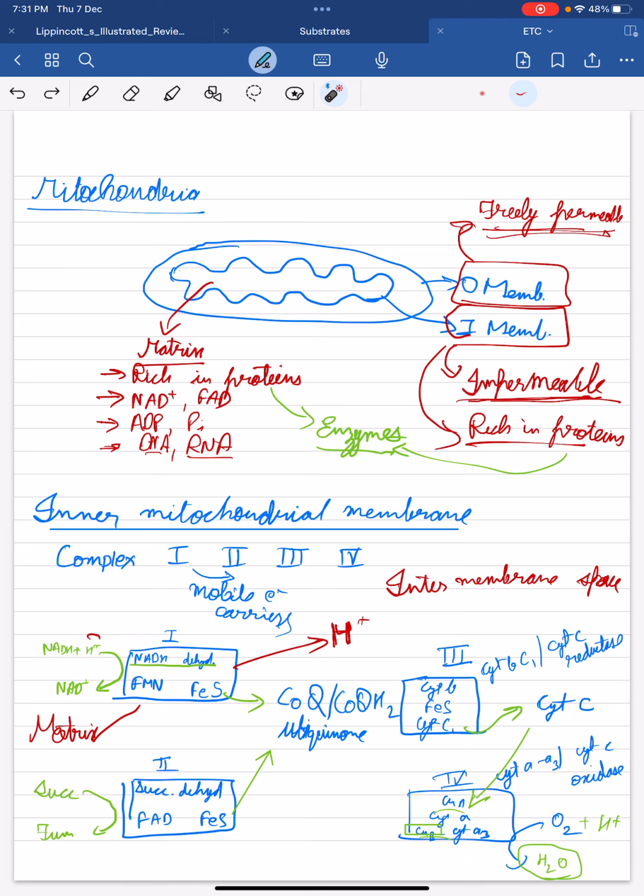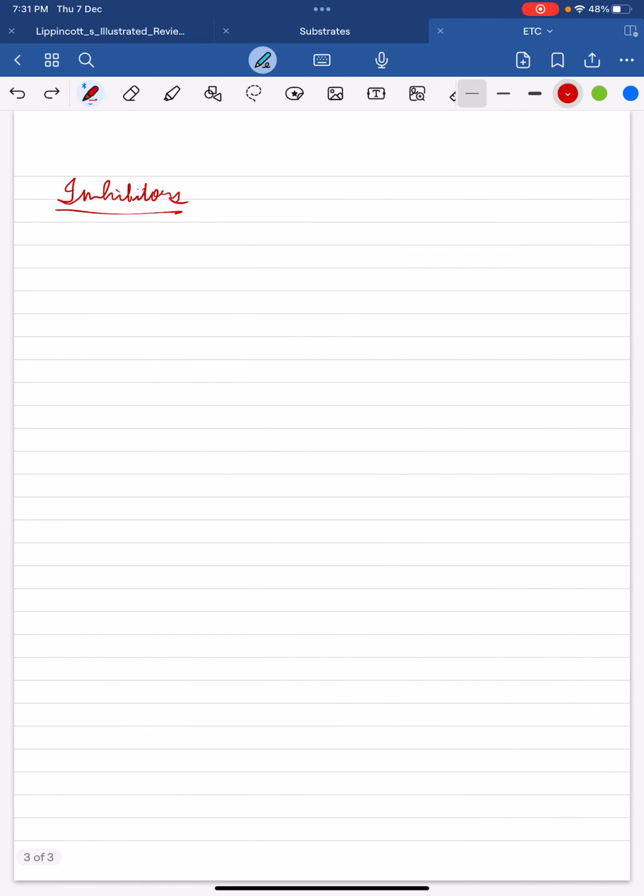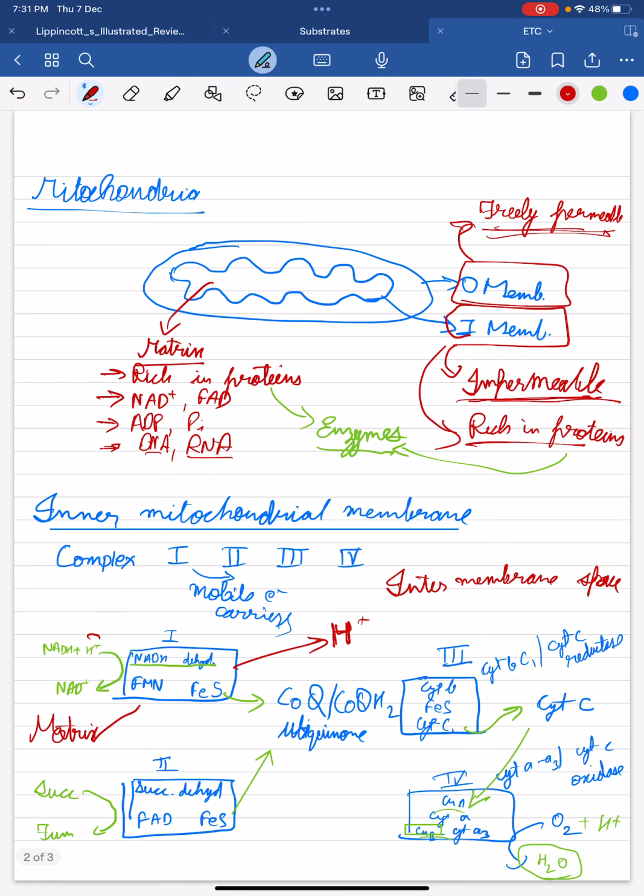So what are these inhibitors? For example, amytal and rotenone. These two act and stop the electron transfer to ubiquinone.